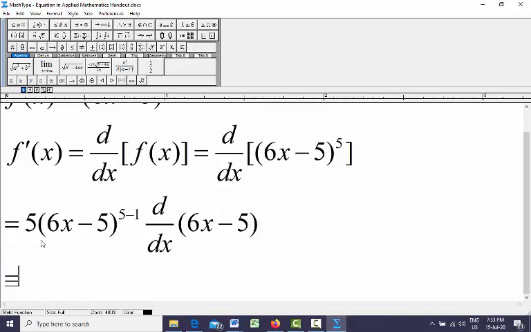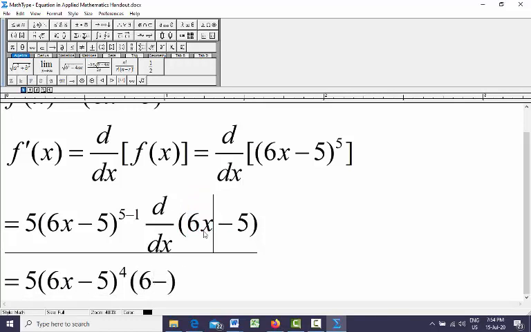Right. So what do we have? Power 5 minus 1 is equal to 4. And if you do differentiation of this one, as you can see, we have 6x here, so we get only 6.